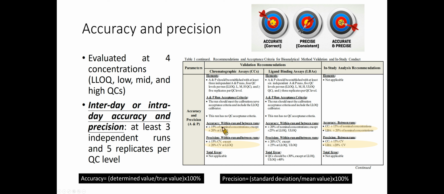The yellow shades highlight the passing criteria of a QC sample's accuracy and precision value, where it is 15% for the regular QC concentration and 20% at LLOQ.